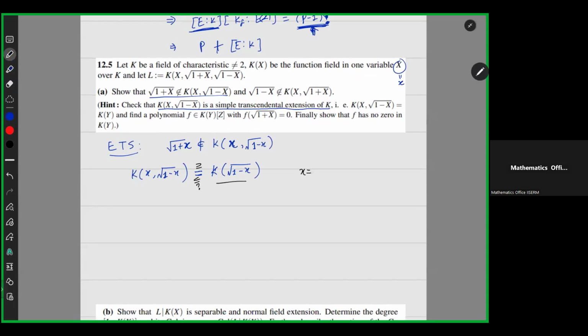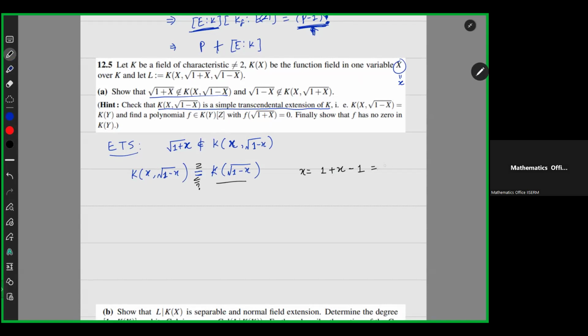But x can be written as 1 minus, or rather 1 plus x minus 1, right?